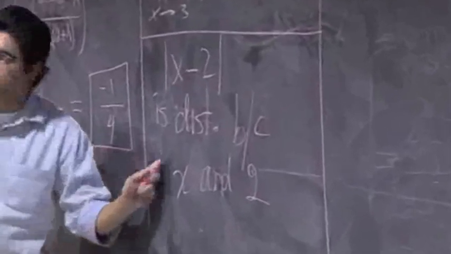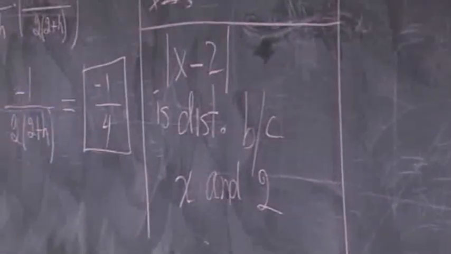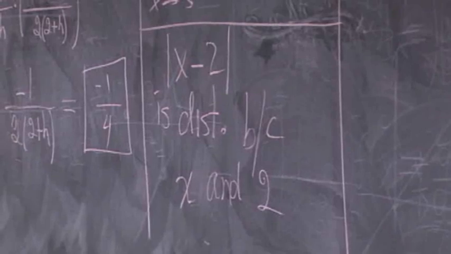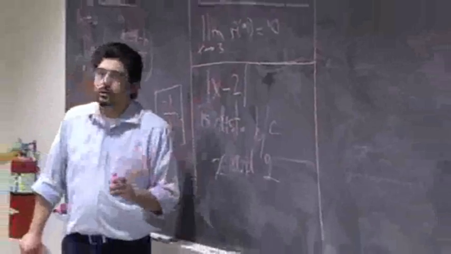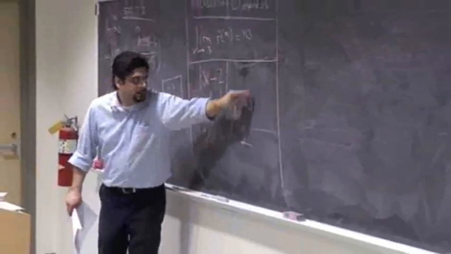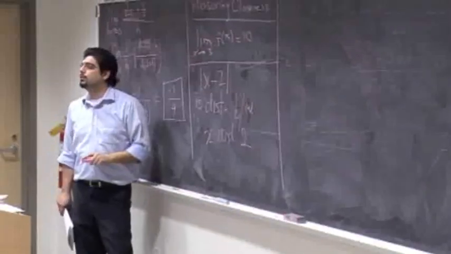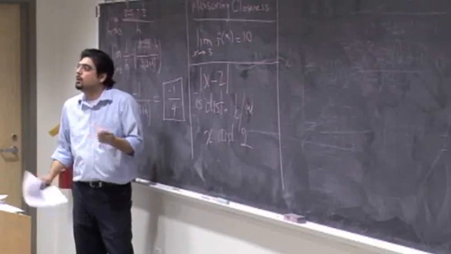If you can remember that, the rest of the talk will be a little easier to listen to. The absolute value of x minus 2 is the distance between x and 2. Right? So that's how we measure distance.